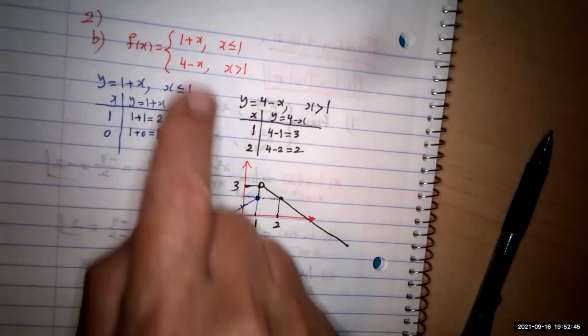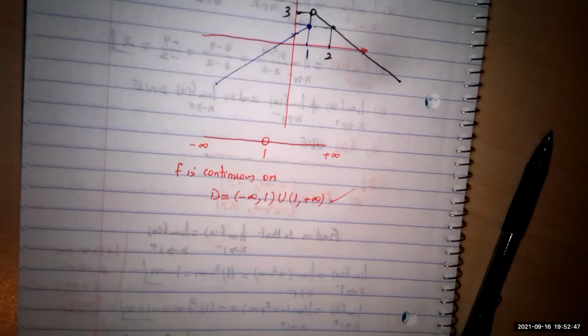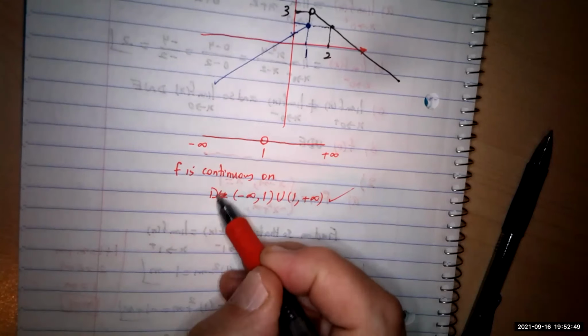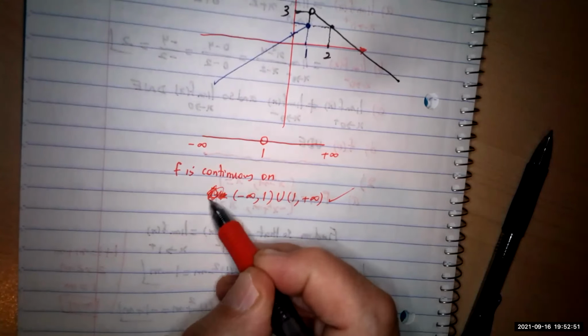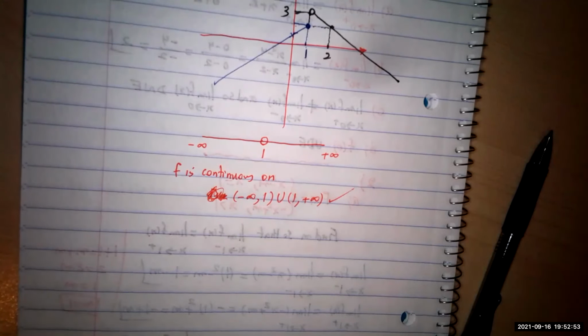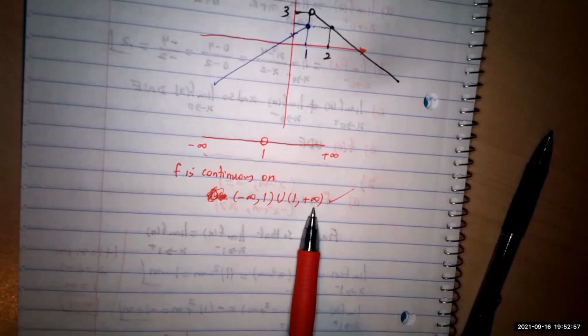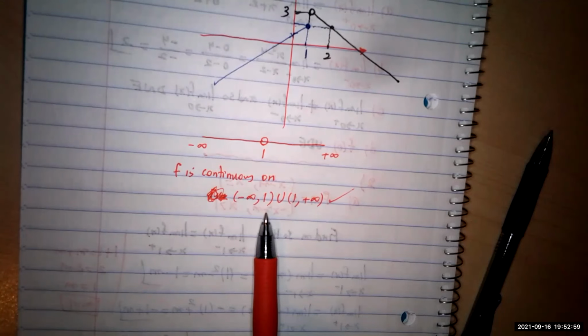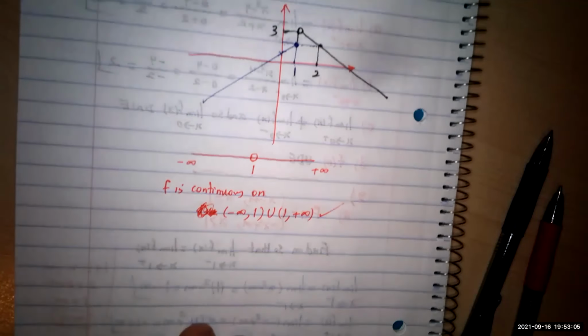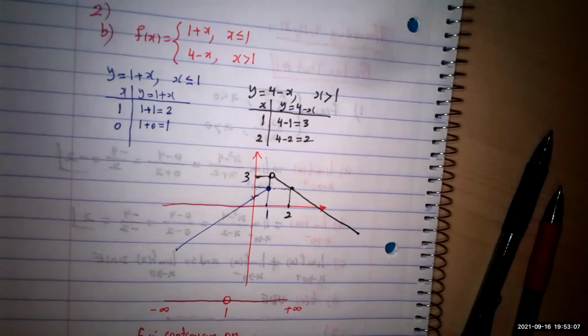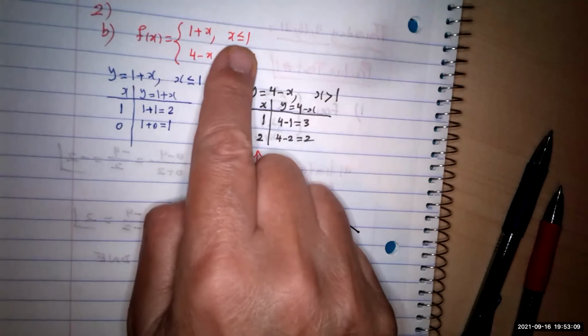Yes, the domain of the function, if you don't like this D, you can drop it, so as not to be confused. The function is going to be continuous in this interval. It can be the same as the domain of the function or not. But the domain of this function is all real numbers because the function is defined at x equal to 1.